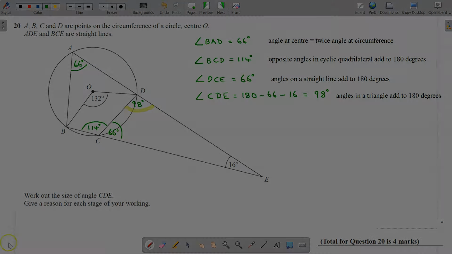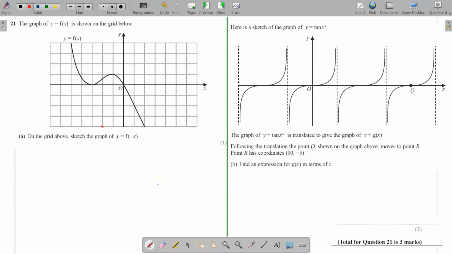Okay, this is a question about transforming graphs of functions. Now, this is the function f of x, and we've got to sketch the graph of f of minus x. And this basically means all the x coordinates of the original become the negative of what they were. So this point here will move to here. This point at 0 will stay where it is.